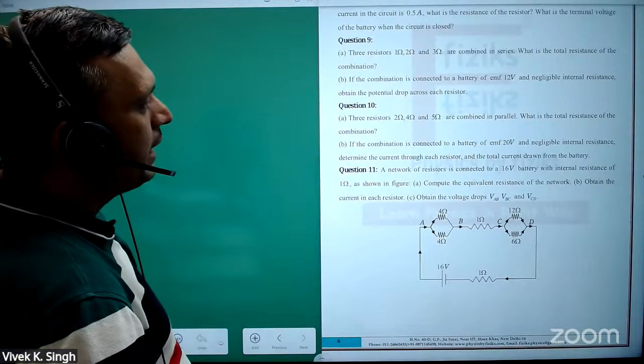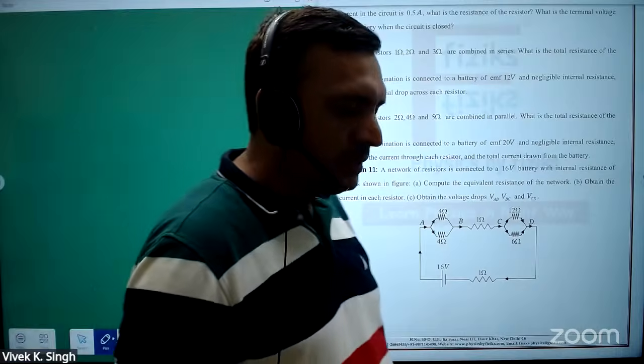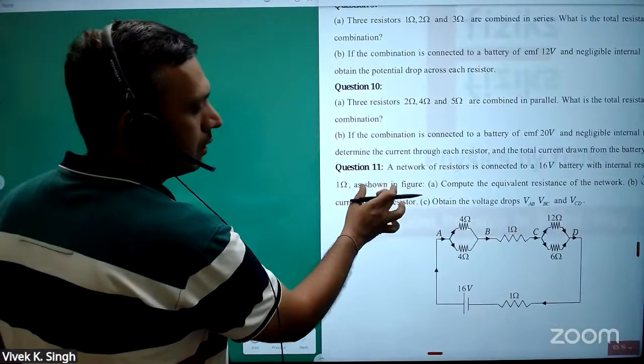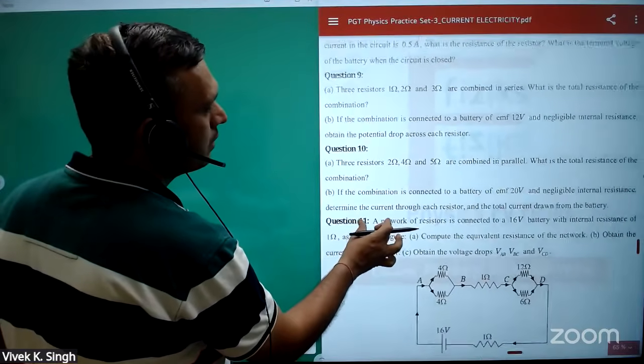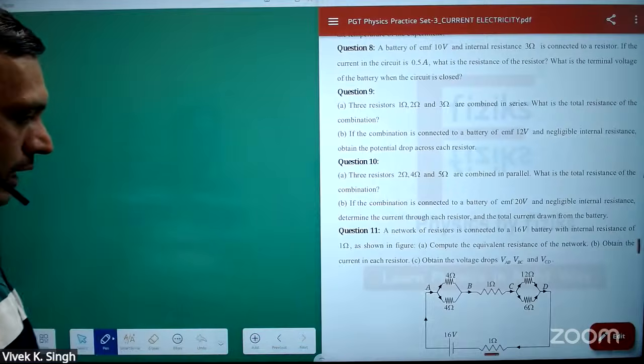Question number 9 and 10. You have to find equivalent resistance and then let's see. Try to solve 9 and 10.